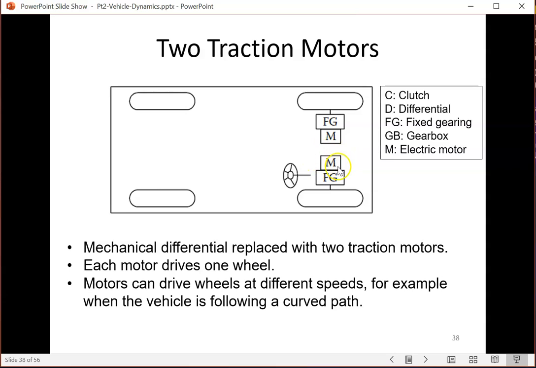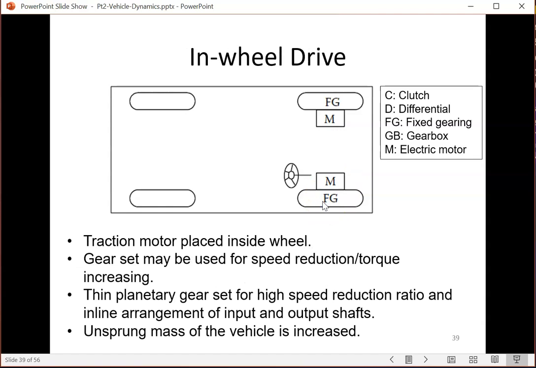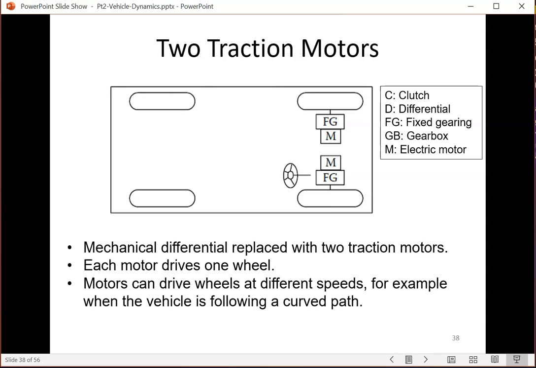I have another motor through another gearbox connected to the right-hand side wheel. If I need to drive the car forward with no turning, I could ask the two motors to give me the same force or the same torque, so they drive the vehicle forward.